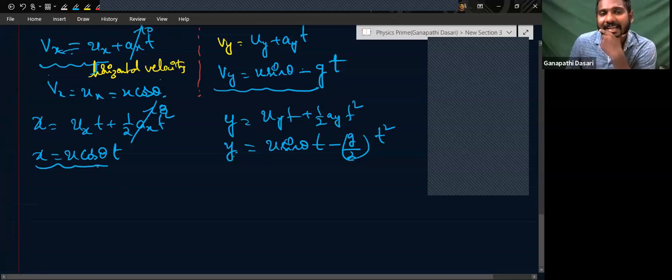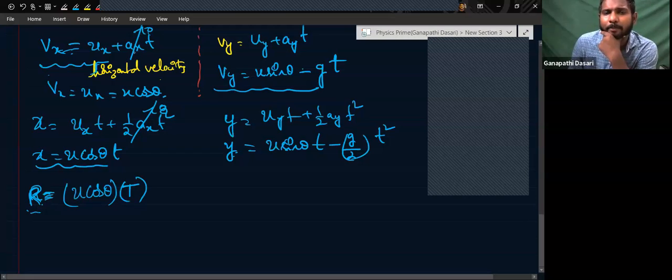Next, the thing that we can do is horizontal range. When will you know the horizontal range? You know how much velocity there is, and in how much time period the ball went up and came down again.